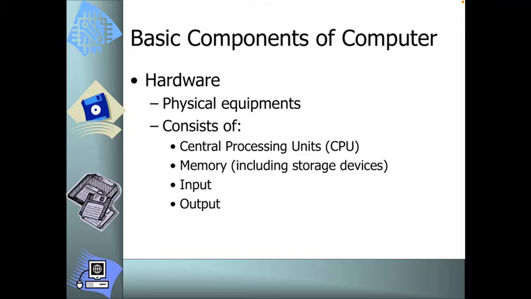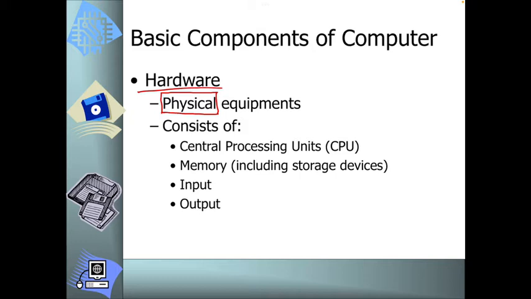Our first basic component of computer, as I mentioned before, is hardware. What is hardware? We refer to hardware as the physical equipment. If it is related to physical, this is something that we can touch.